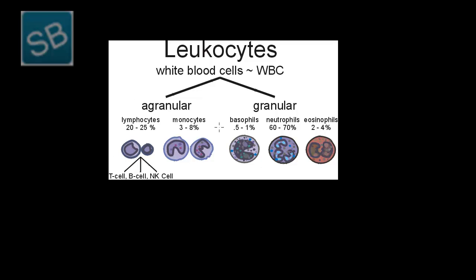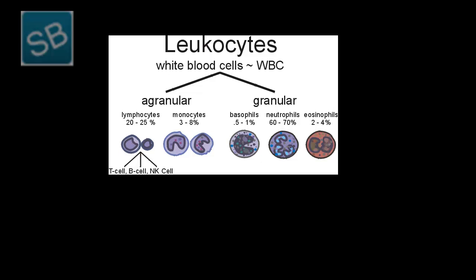On the contrary, agranular do not contain granules. Their further subclassification is made on the basis of staining characteristic of cytoplasm granules. Thus, agranular type is further divided into lymphocytes and monocytes. On the contrary, granular is divided into basophil, neutrophil and eosinophil.